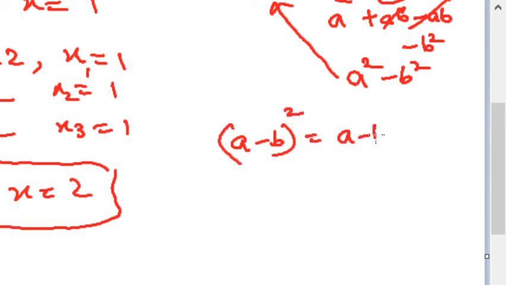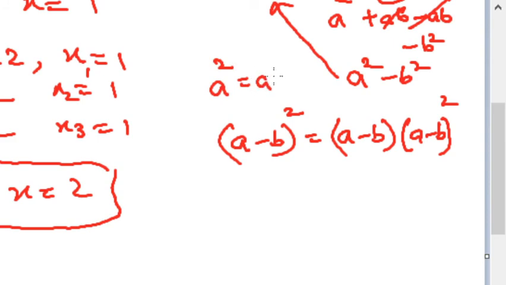I can write a minus b into a minus b, since a square is a into a and x square is x into x. Now when a minus b whole square is a minus b into a minus b, please multiply them.